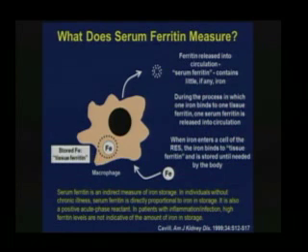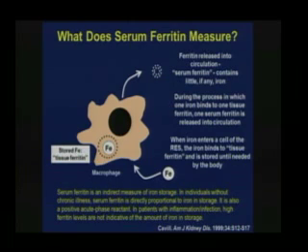So now what does serum ferritin itself measure? So when iron enters a cell of the reticuloendothelial system, a macrophage, during this process, iron binds to a tissue ferritin, but at the same time, a serum ferritin is released into the blood. The serum ferritin actually contains little, if any, iron at all.